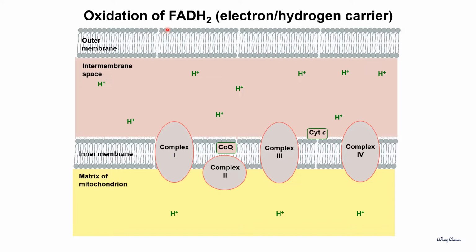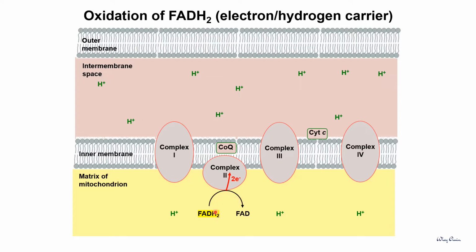Another source of electrons is FADH2, which is the molecule produced during the Krebs cycle. FADH2 contains lower free energy compared to NADH, and this makes them pass the 2 electrons to complex 2 instead of complex 1.